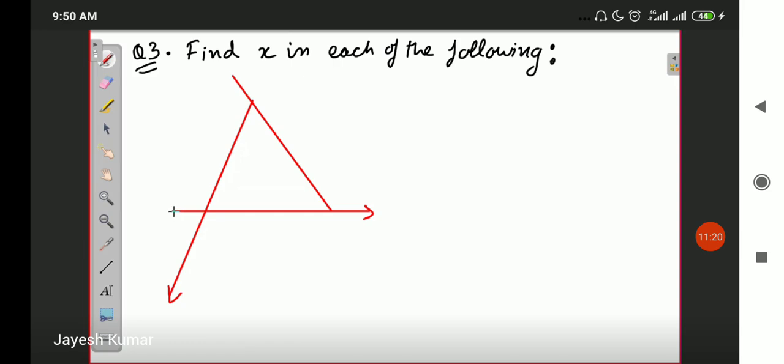There is no arrow here, but let me make it. There is an arrow here as well. This is point P. This here is third point Q. You can also check the diagram in your book if you want to. This is x degree. This angle is 130 degree. And this angle is 95 degree.